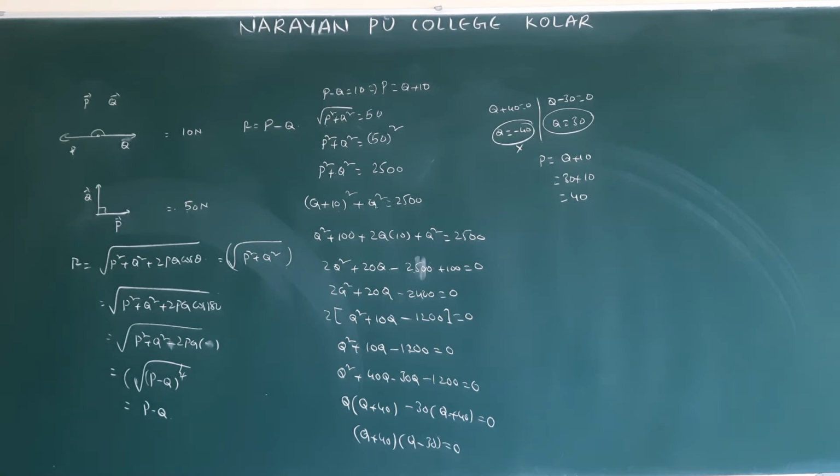Next, example 20. Two vectors of equal magnitude are acting through a point. Magnitudes are equal. The magnitude of the resultant is equal to the magnitude of either vector. Find the angle between the vectors.